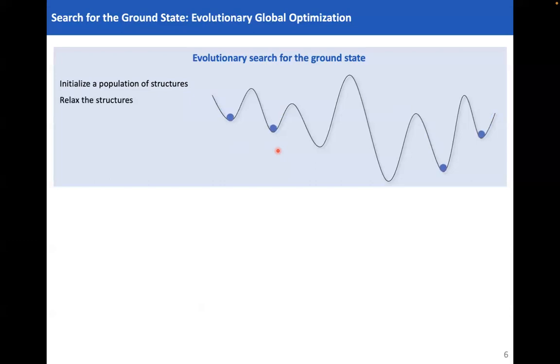Then we locally optimize the structures that we have generated, and once we do this, we find the fitness. In this context, fitness means how good structures are for our purpose, which explicitly is how low their energy is. The lower the energy, the fitter the structure. It's closer to what presumably would be a minimum on this potential energy surface.